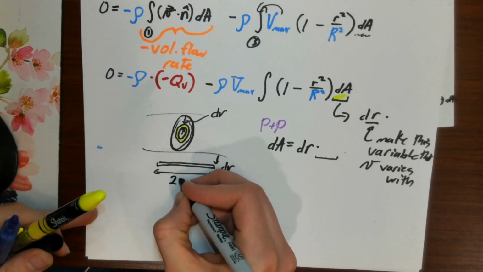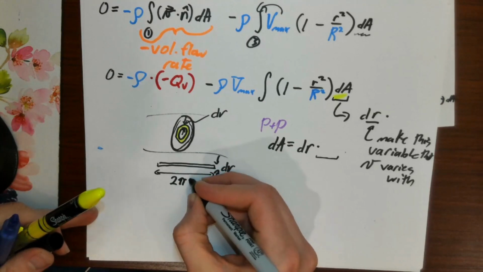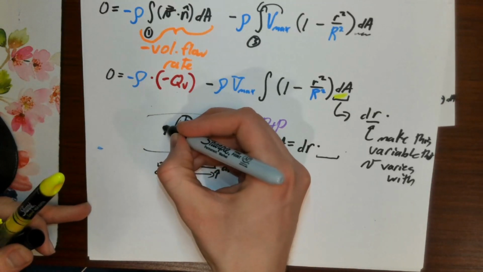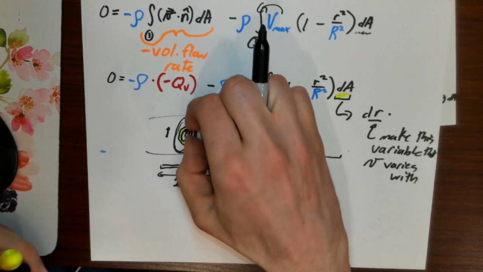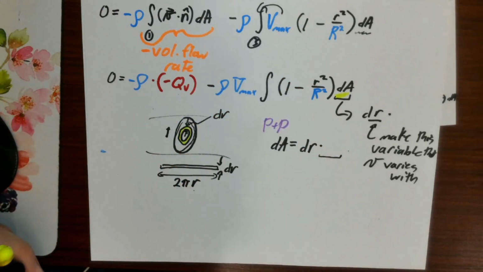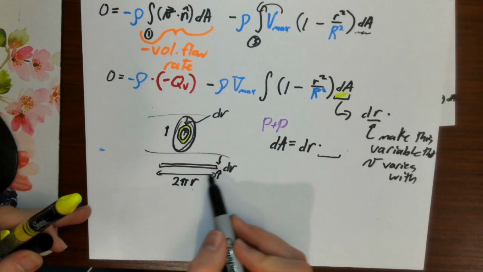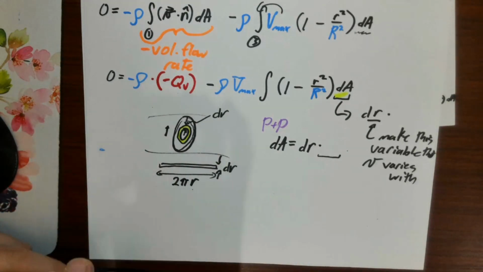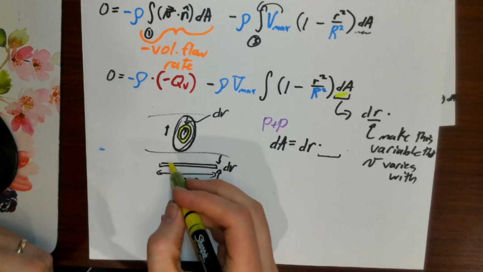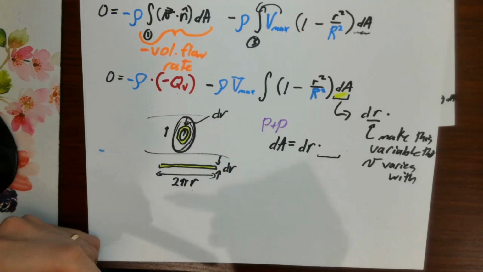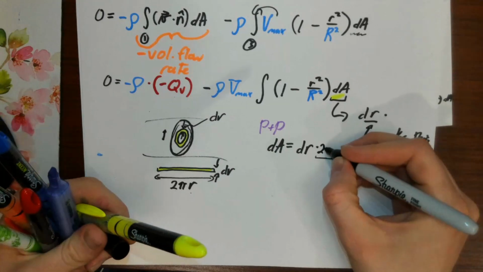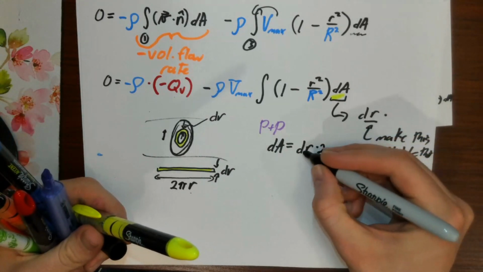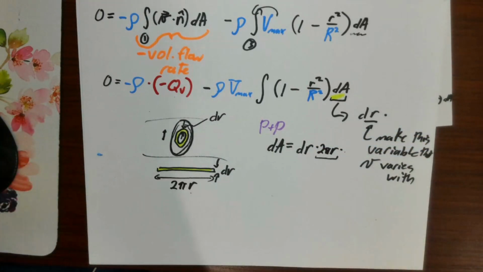So this is going to be 2 pi little r, where little r is the coordinate to one point on this ring, and we're making them infinitesimally thin. The area is essentially the area of this rectangle if I unwrapped this ring. So dA is essentially 2 pi r dr. So there we have it.